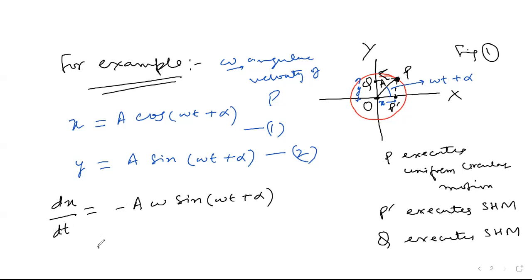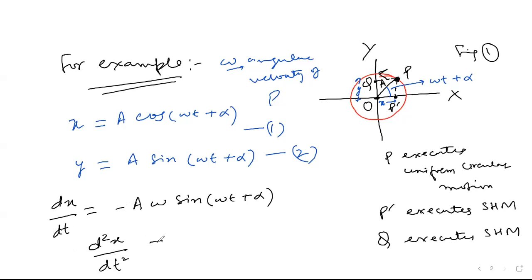Now, if we want to find the second order derivative of x with time, that is the acceleration of the simple harmonic motion taking place on the x-axis.